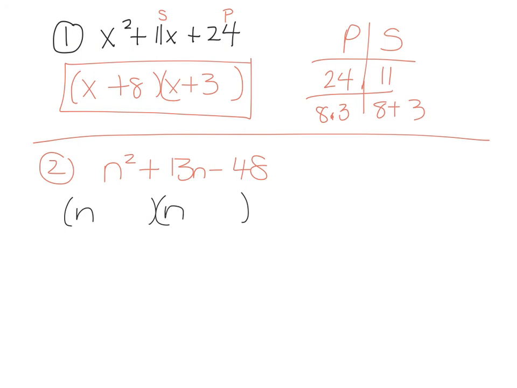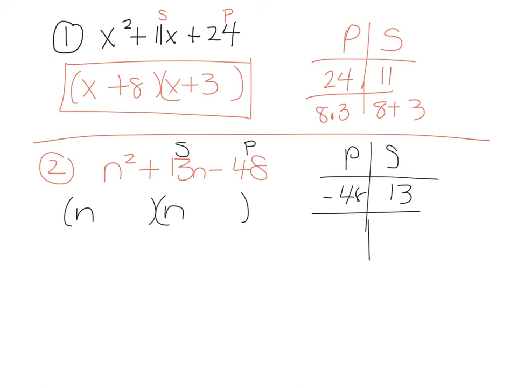N, this is the sum, this is the product. Has to multiply to be negative 48, add to be 13. So you just have to try experimenting with it. This one might take a little longer. It may have taken you longer.